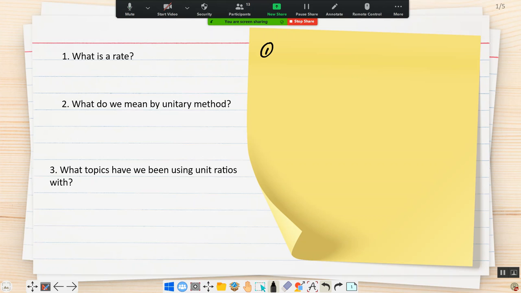Can't remember what a rate is? It's got to do with measurements, yeah. Just a measurement, but go on, say it again. Oh, that sounds good. Yeah, I like that. Should we say that again?